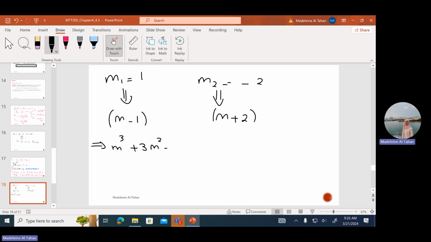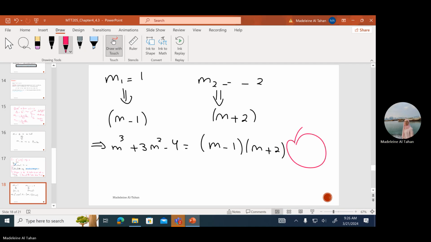So m cubed plus 3m squared minus 4 is equal to m minus 1, m plus 2, and times something. This is something we need to find, right, miss? So this is the factor.